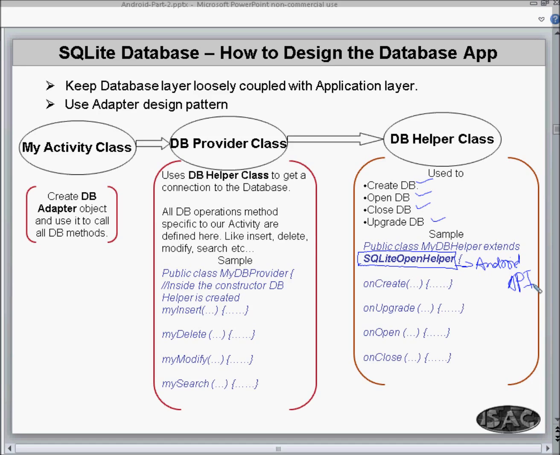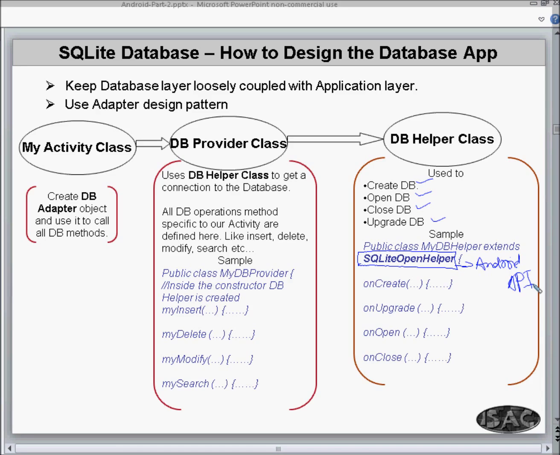If you want to put some logic of asking the user ID or password or something, you can put it inside onOpen. If you want to do any logic on closing, you can put it inside onClose. If you don't want to put any logic for what happens when the database is opened or closed, you can leave it as it is, because SQLite database is in process, so you don't care.